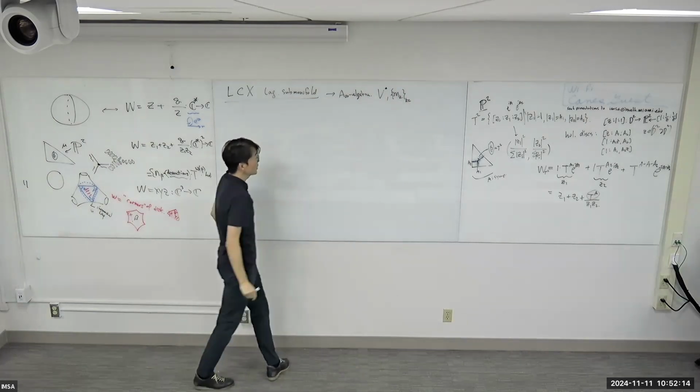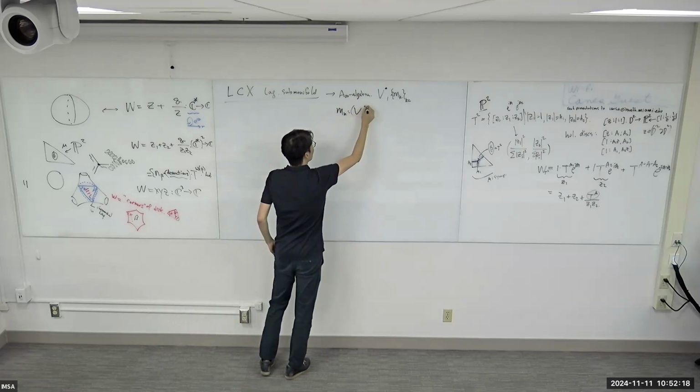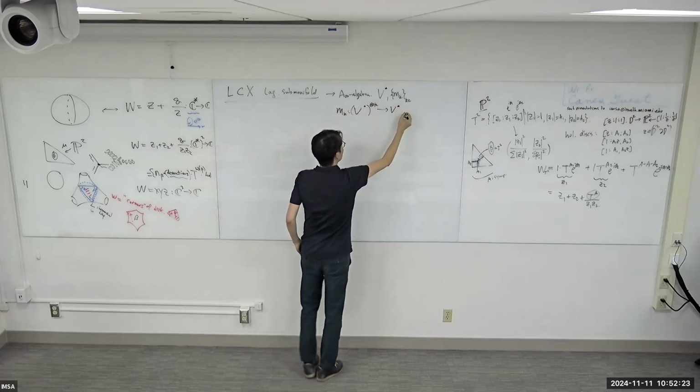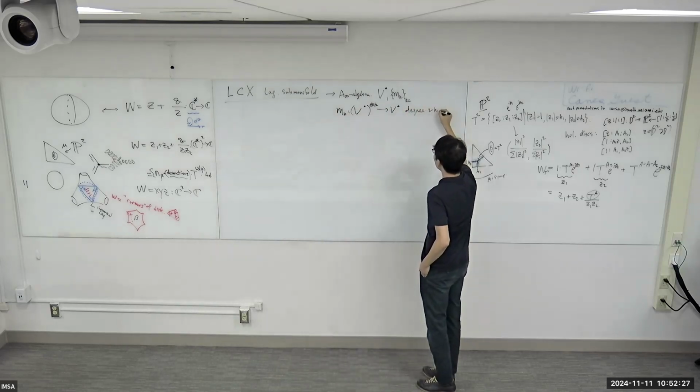This is a graded vector space with m_k, from the k-fold tensor product to V of degree 2 minus k.